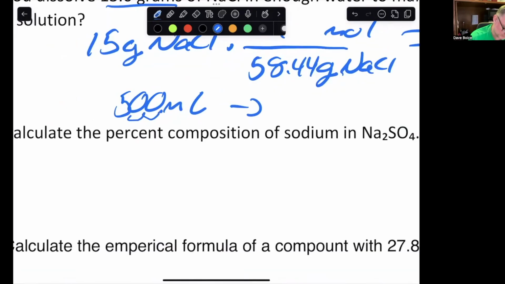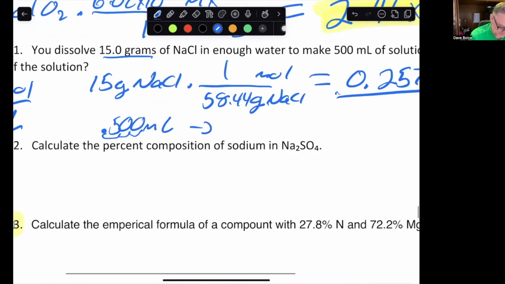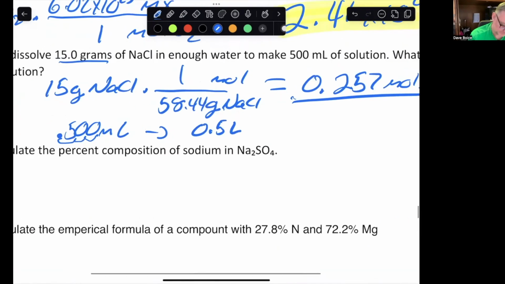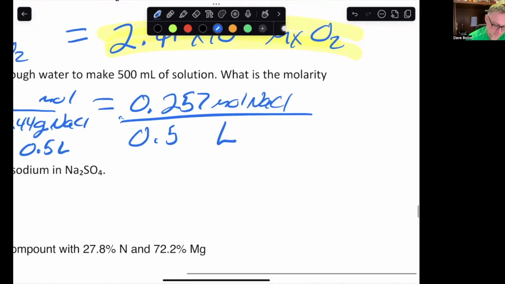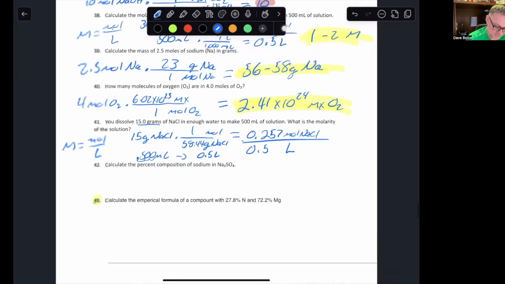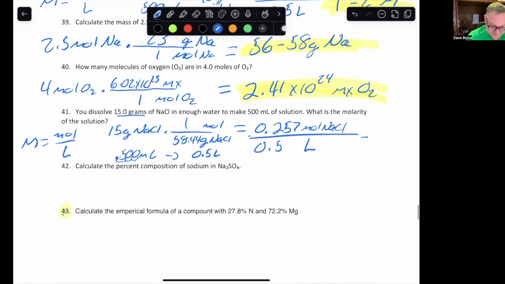So 1, 2, 3. Okay, and that's going to equal 0.5 liters. And so that is going to be 0.5 to 0.6.